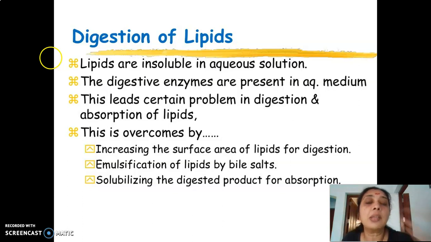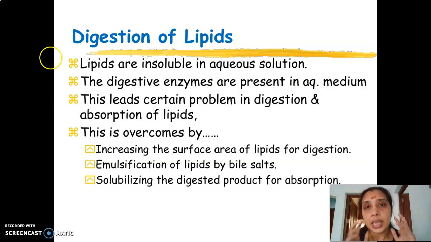The bile duct releases the bile only when the acid chyme enters the upper part of the small intestine. As soon as it reaches the upper portion of the small intestine, the bile duct will be stimulated to secrete bile into the small intestine. Clear? At the same time, the pancreatic duct will also be stimulated, so the pancreatic juice is also secreted.